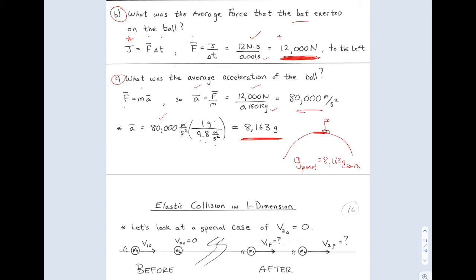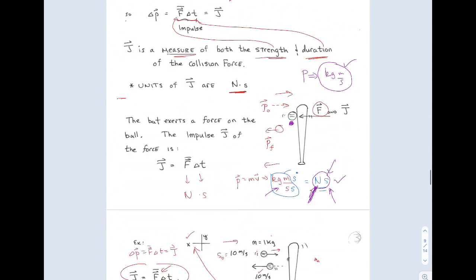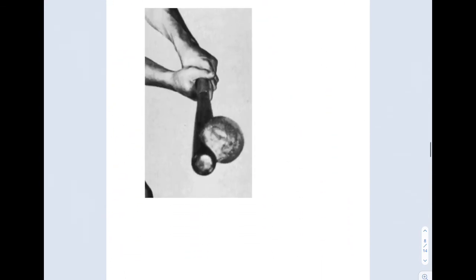No, right? You would just be flattened, because your body can't withstand that since we're mostly water. We'd be flat. But if you put a baseball on that planet, the baseball would be deformed. It looks like that. So that would be the planet, and this thing would feel about 8,163 times its weight.